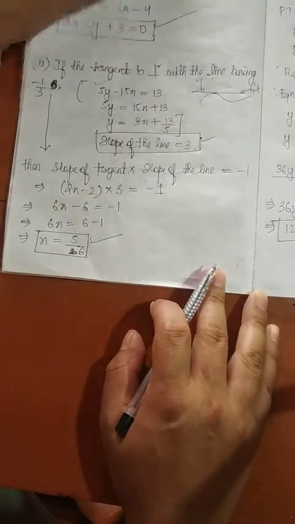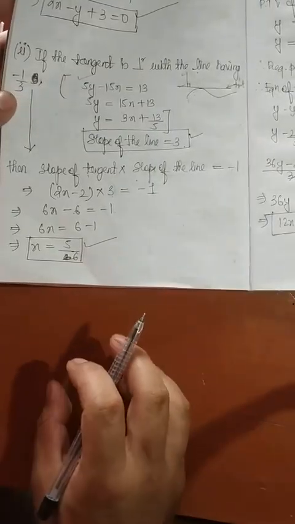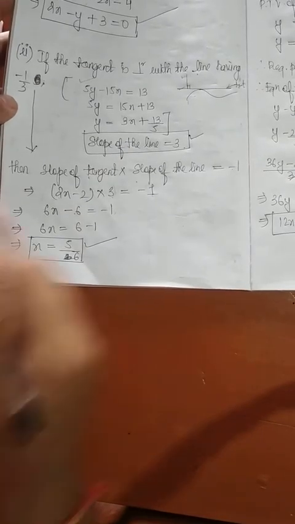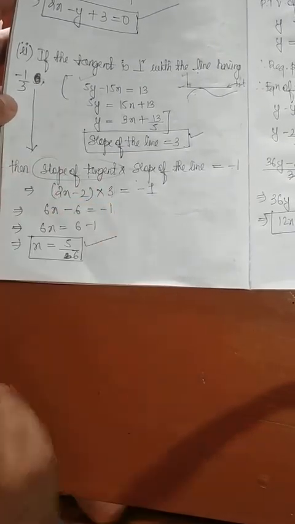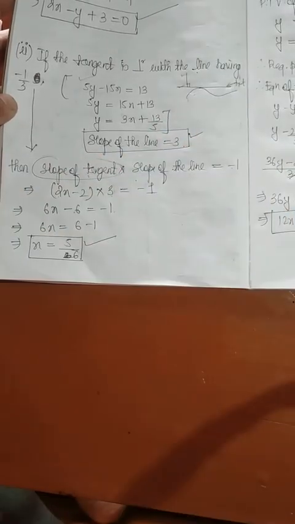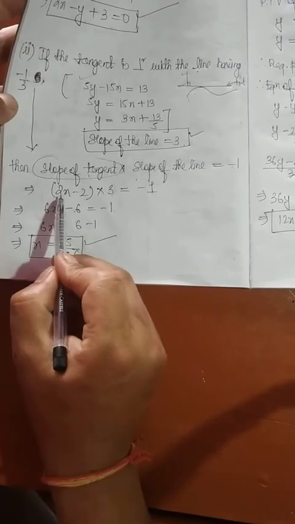Now another thing you need to note: why did I tell you the question is a bit of a twist? Because I need to find the slope of the tangent. Please remember that when I find the equation of a tangent, I need to know the value of the slope of the tangent. And what is the slope of the tangent? 2x minus 2.